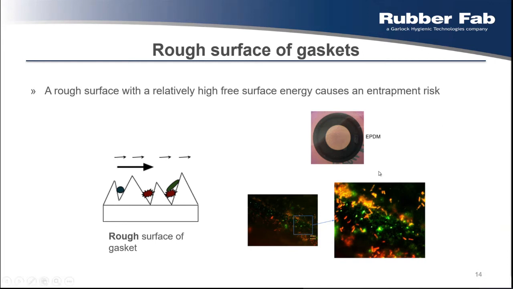You would see that even after cleaning, the surface of the gasket still contains a lot of substances. In this case we actually see the test microorganisms really well. Indicated by the different colors, the red parts are inactivated; they don't have a metabolism anymore. But you also see a lot of green and orange organisms here, which are very much alive still and would be able to recontaminate your system.